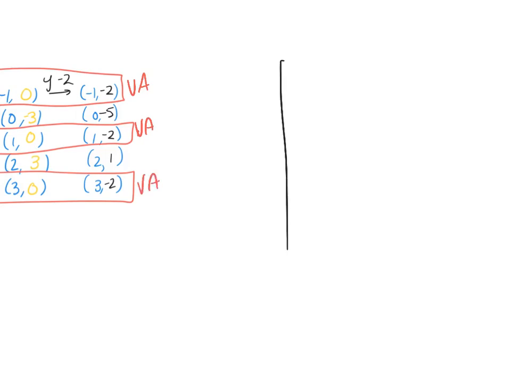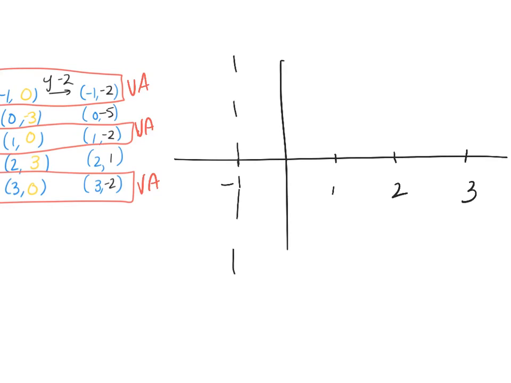I know that I need, starting with -1, then 0, then 1, then 2, then 3. I have my first vertical asymptote at -1. I have my next vertical asymptote at 1. I have my last vertical asymptote at 3. Those are the x part of those ordered pairs. So this gives me a vertical asymptote at x equals 3. This gives me one at 1, and this gives me one at -1.